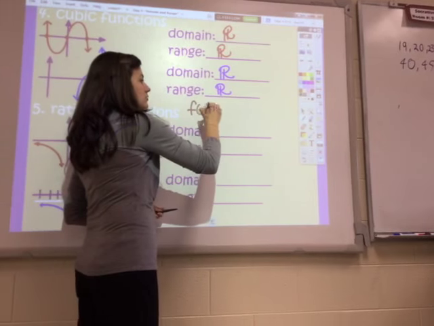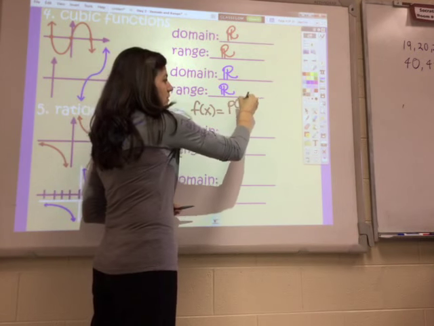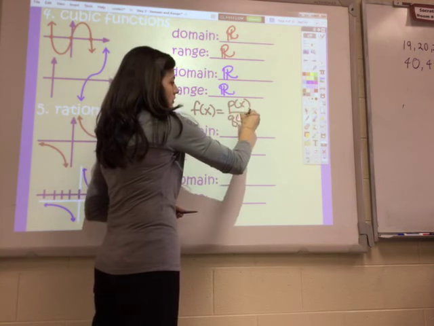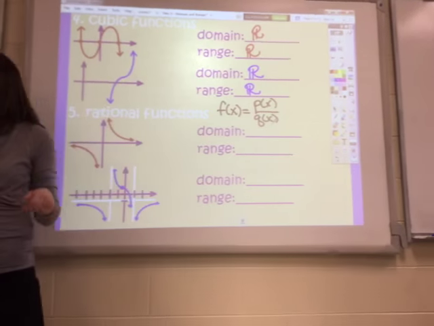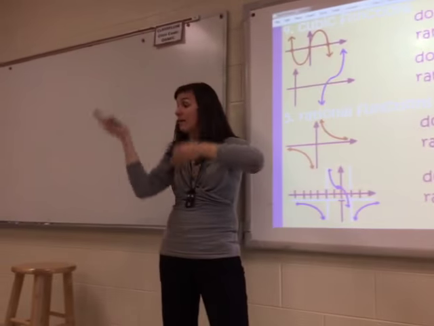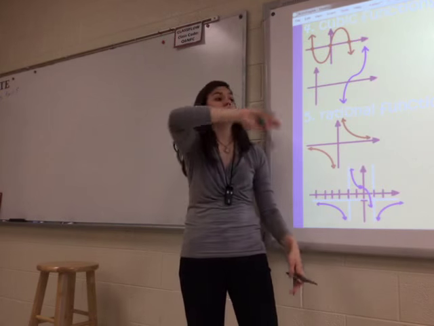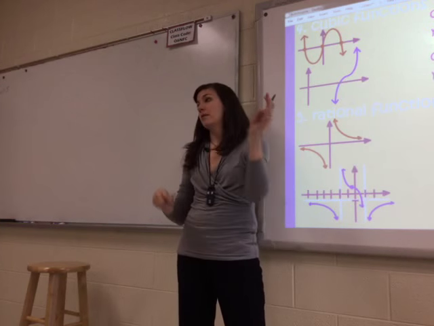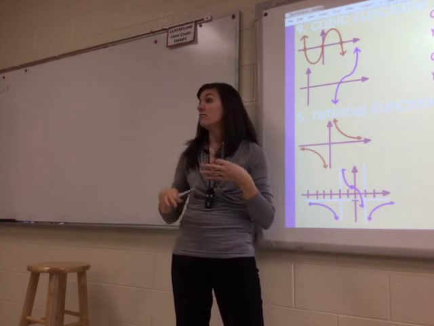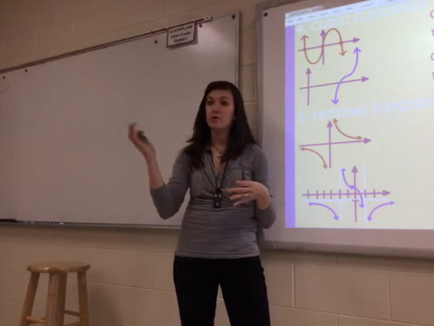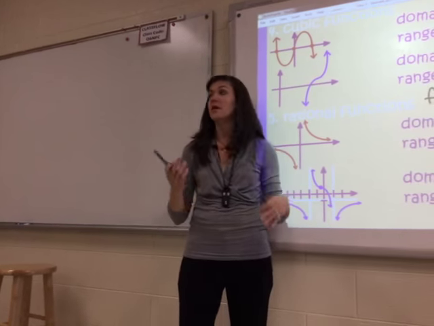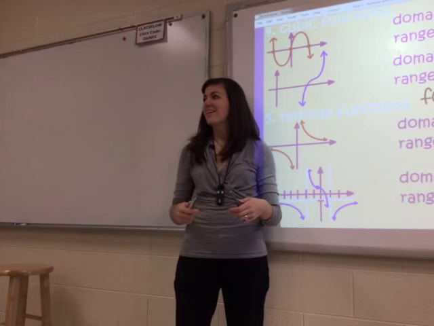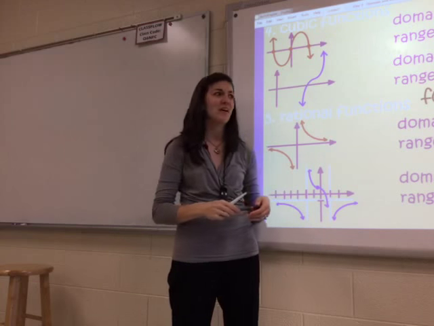So f of x, a rational function, equals some function over another. Remember where sometimes we factored and canceled stuff out, and it would be like x squared minus 4 on the top, and then 1 minus 2x on the bottom? Remember doing that? Where we had to find vertical and horizontal asymptotes and slant asymptotes and all that kind of stuff? Yeah, you remember that?